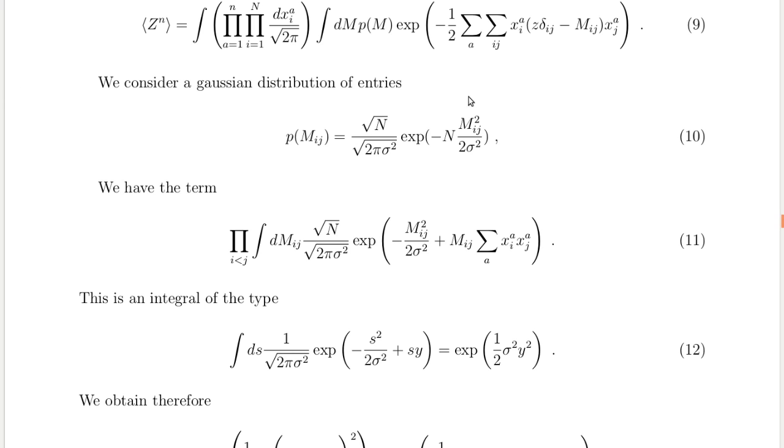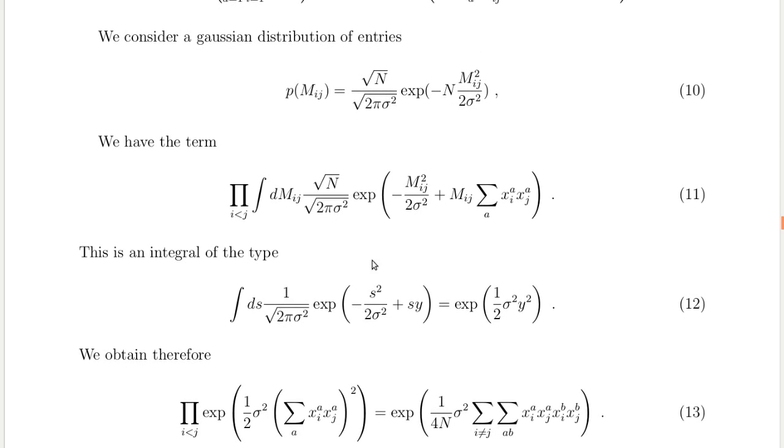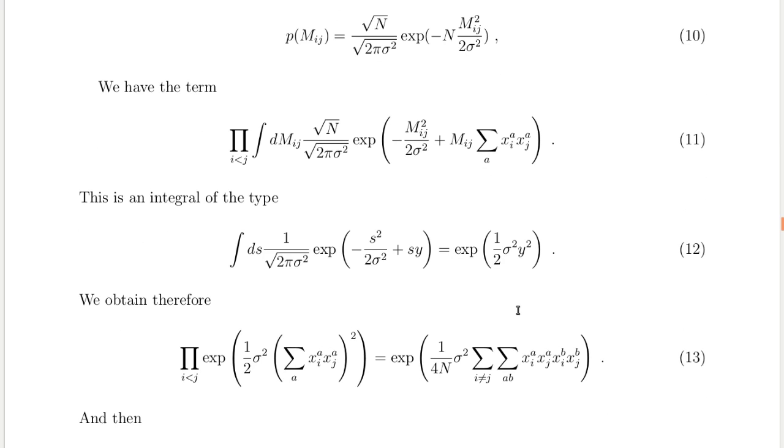Okay, so in this integral we have this term that we want to integrate. I just reported the part that depends on m. This is an integral of this type, which has a known solution. If we put all the results together, this integration becomes something like this.